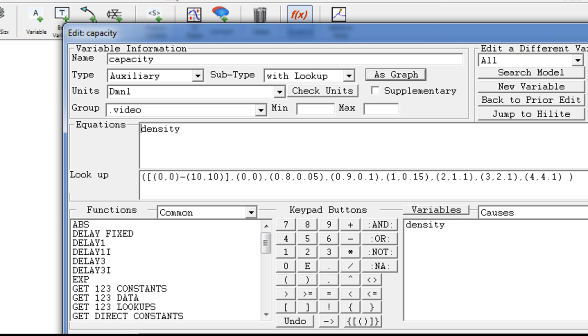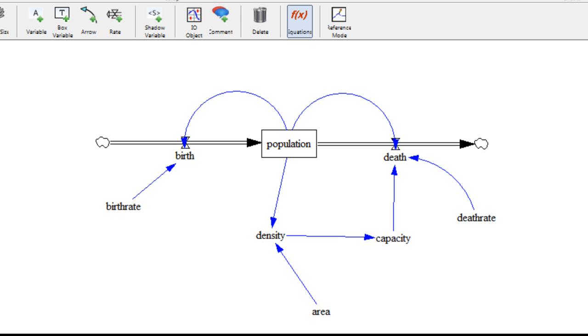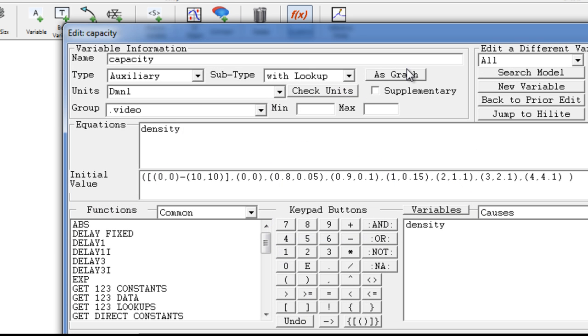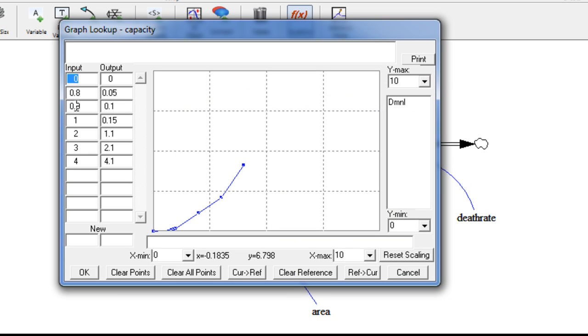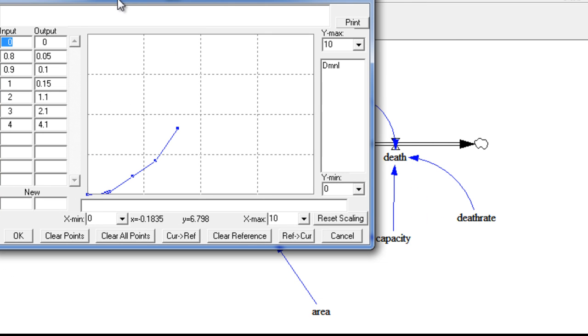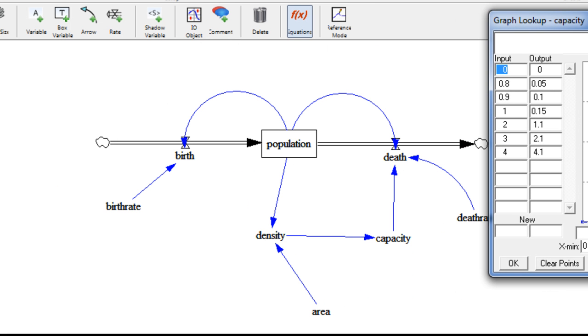Click OK. Meaning that if the capacity is 0.8, then the people who will die is 0.05, like this one.